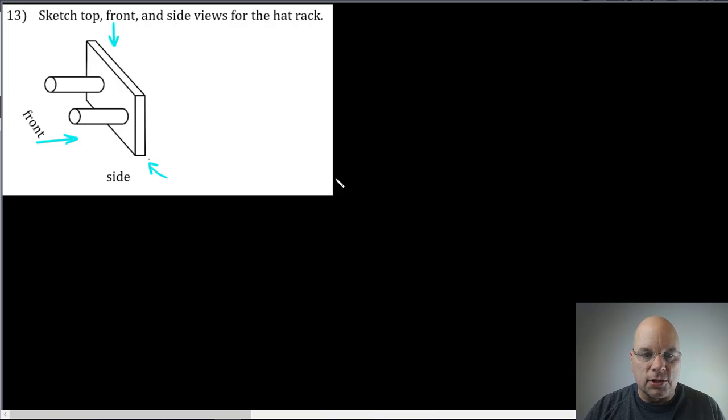And so let's sketch the top first, the top view. If you were standing above this hat rack and looking straight down, you would see this rectangle. So I'll sketch that first.